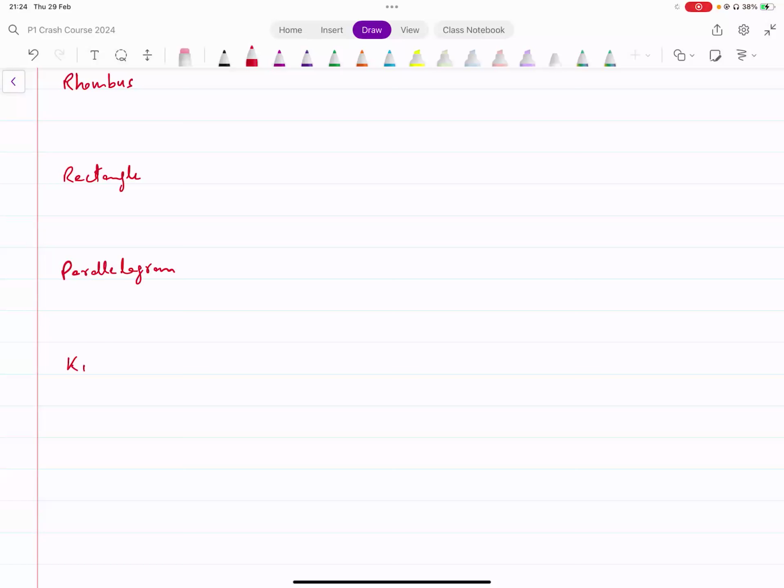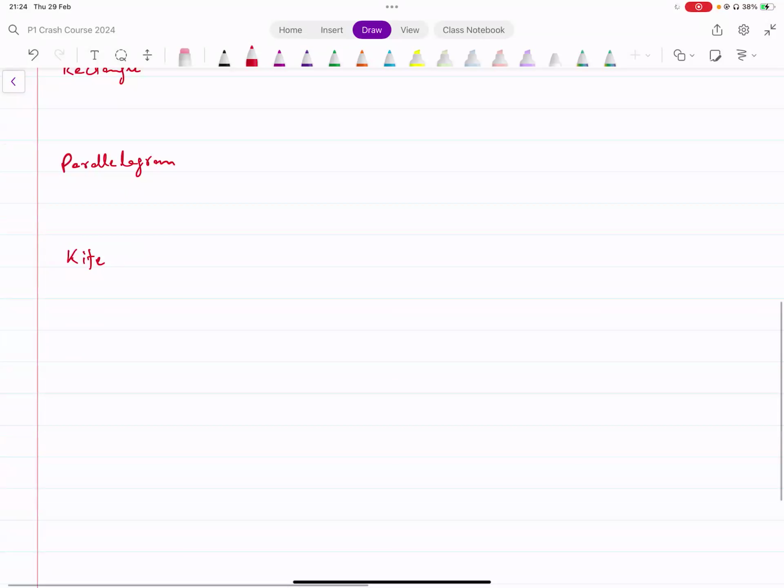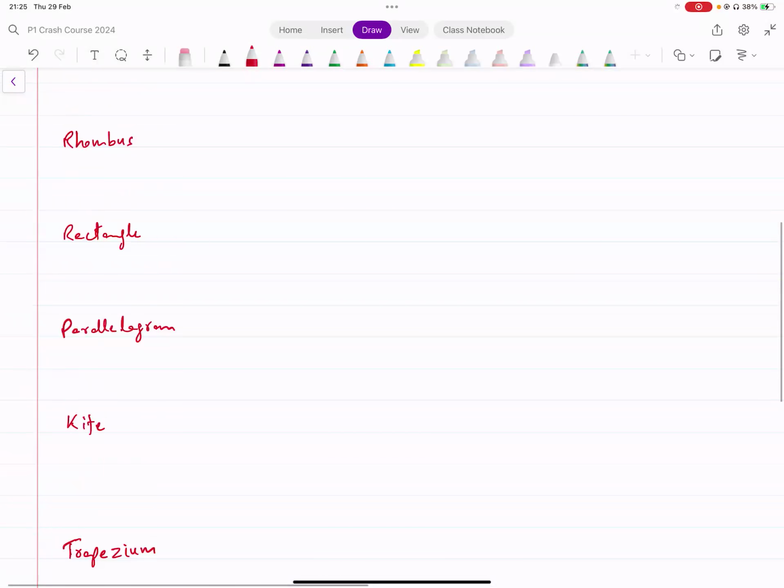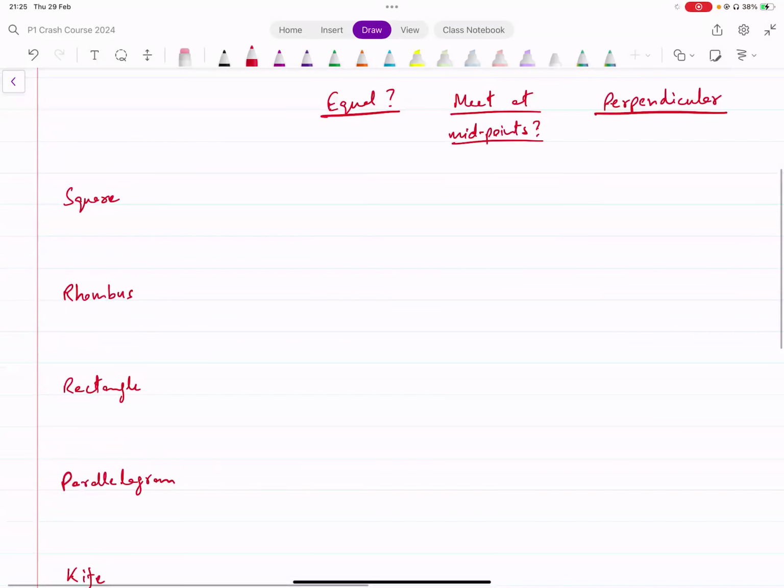A kite. And then finally, trapezium. So we need to know about all of these different properties of these diagonals. Are these diagonals equal? Do they meet at midpoints? Are they perpendicular? Let's start with the square first of all.